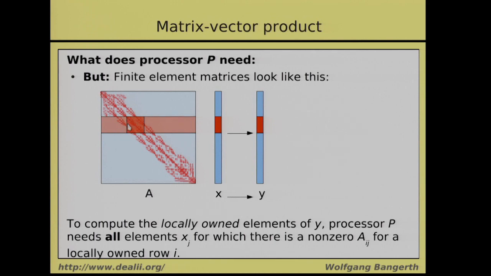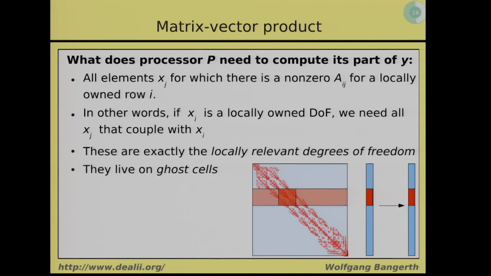And in particular, the majority of these entries, it will actually already know, because these are the corresponding ones that it stores. So you need to import only a relatively small number of vector entries in order to form a matrix vector product. So the elements that you need to get at are all of the elements x_j for which there is a non-zero a_ij for a locally owned row.